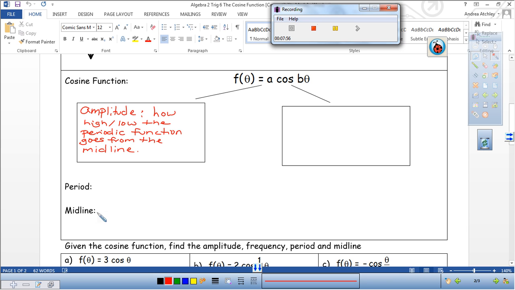The midline is equal distance from the maximum and minimum point on a periodic function.